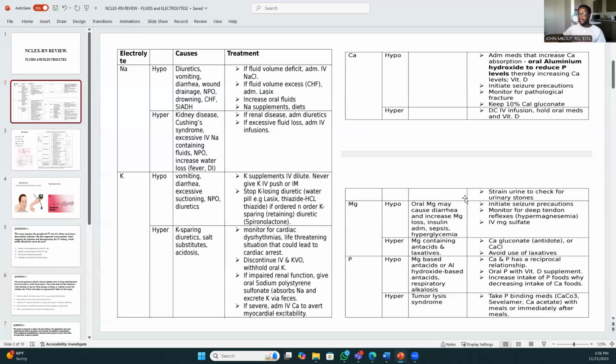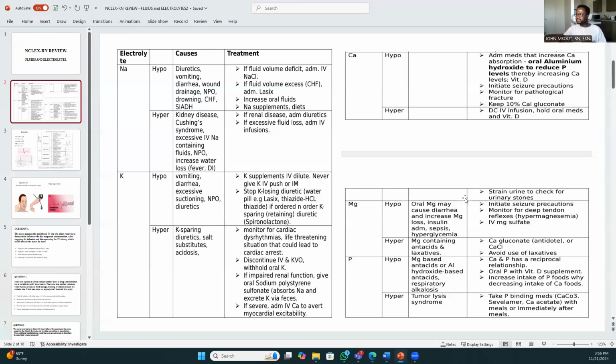Let's look at another electrolyte, calcium. Calcium is very important. Now, if we have low calcium, we have hypocalcemia. If we have high calcium, we have hypercalcemia, right? But now, I do not bother to look at the causes, like I said, they're almost the same. But how can you manage hypocalcemia? We have to administer medication that can increase calcium absorption, like what?